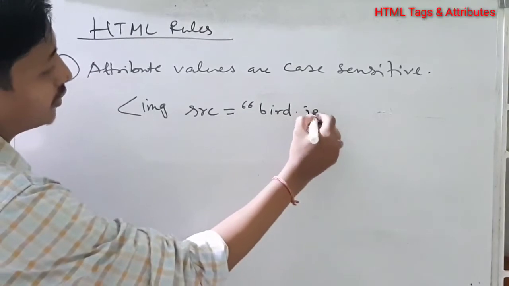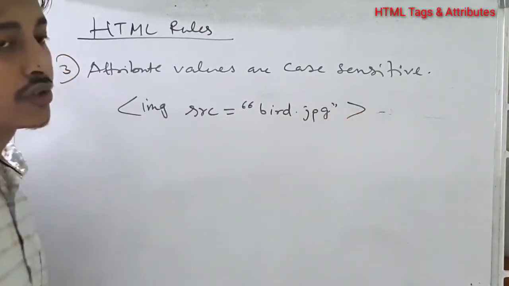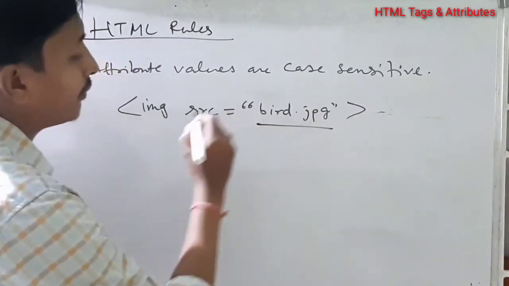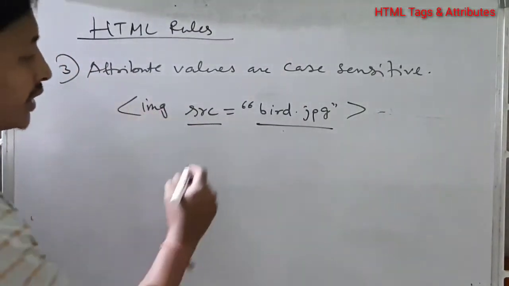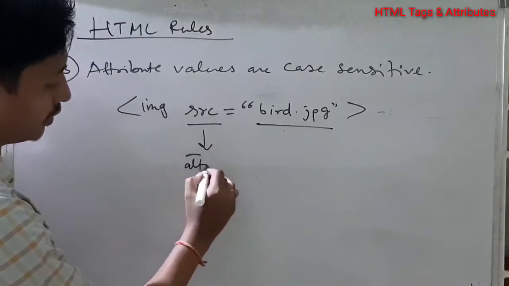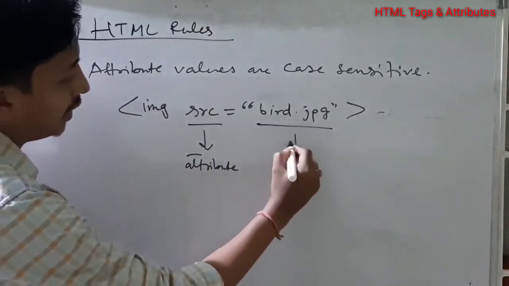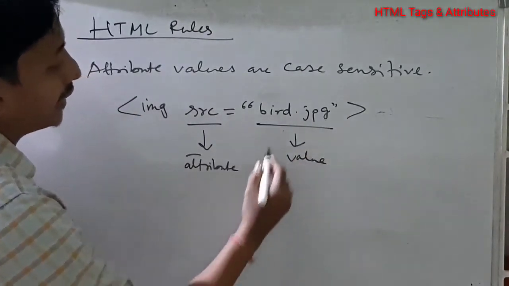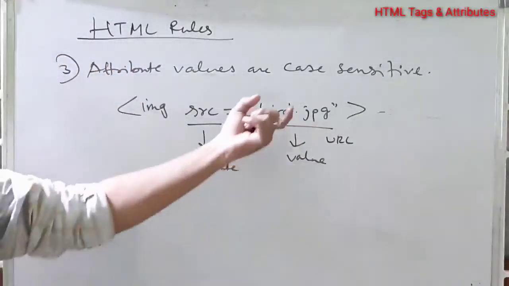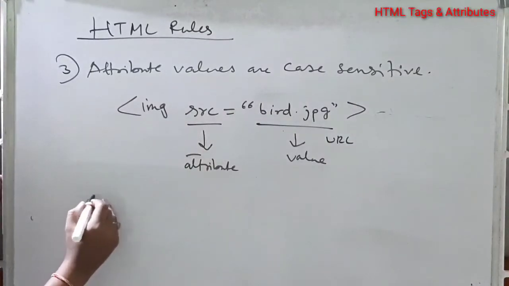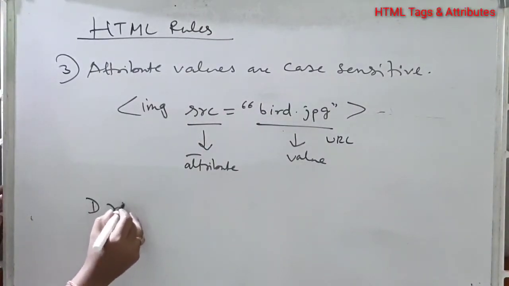This is the source of the file, this is the attribute, and this is the value of the attribute, the URL or source of the file. So this file is saved in the D drive.